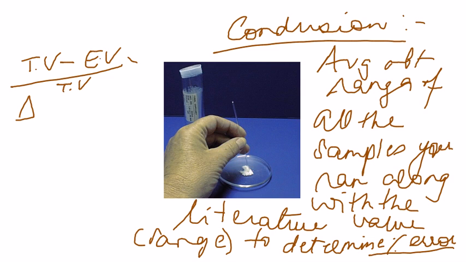So percentage error can be determined by the difference between the true value and the experimental value divided by the true value times 100.